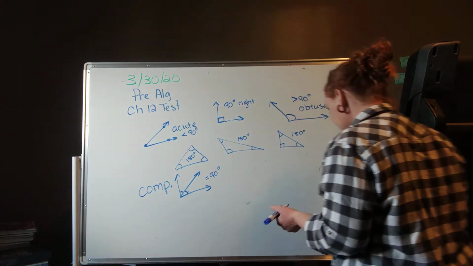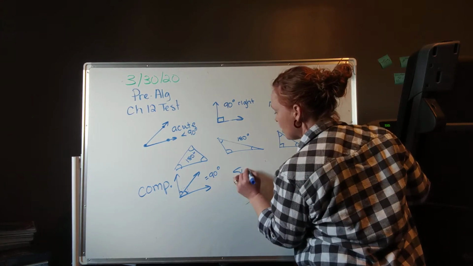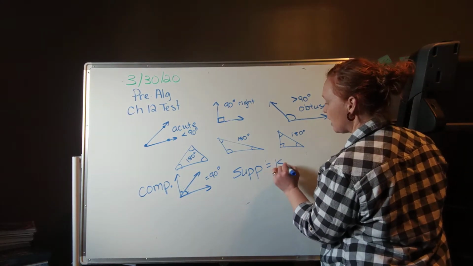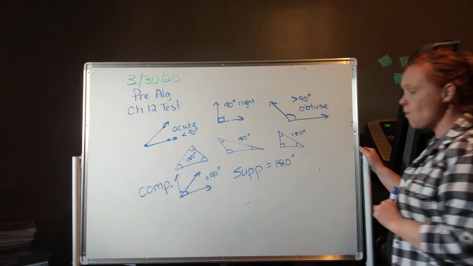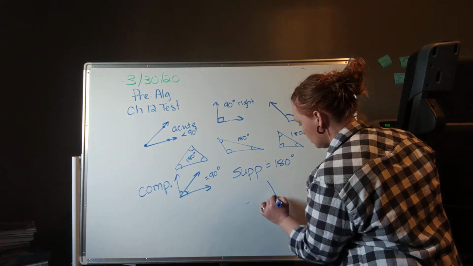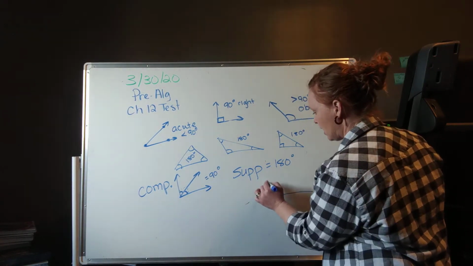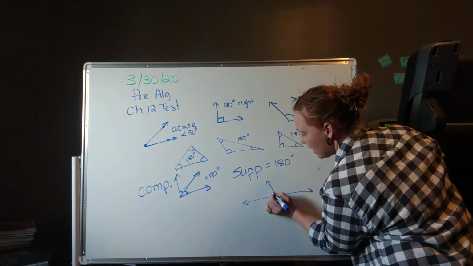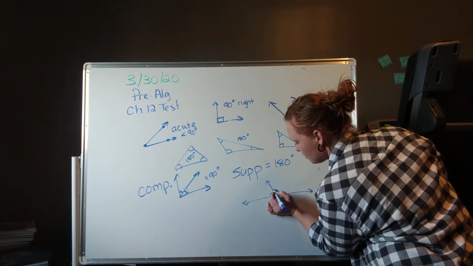Okay? Now, the other one was supplementary angles. And supplementary angles equal 180 degrees. So what that means is I have two angles. Now let's do this angle. Then I have an angle that joins it. So here I have this angle and I have this angle.